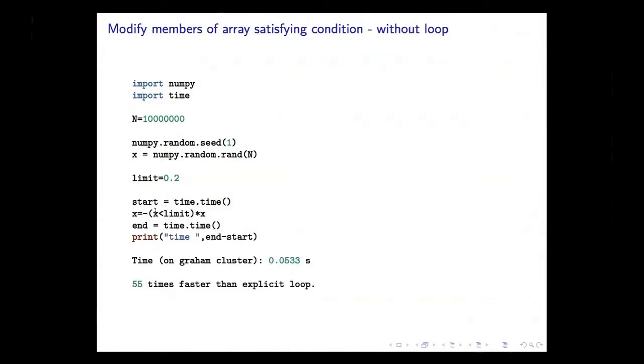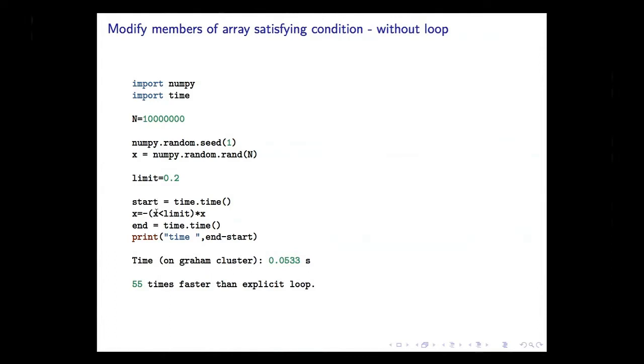What I can do is again use the Boolean array. The interesting thing about the Boolean array is that true, if you multiply true times a number, is equivalent to 1 times that number, and false is equivalent to 0.